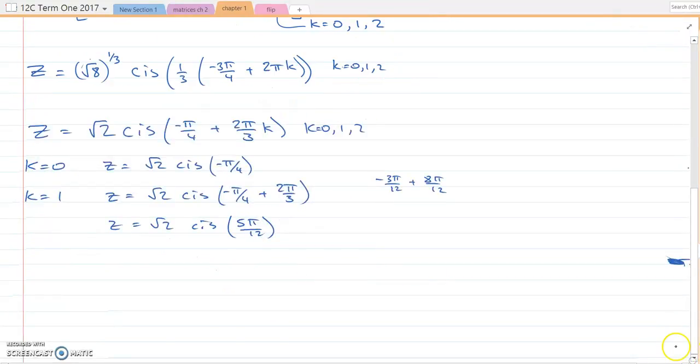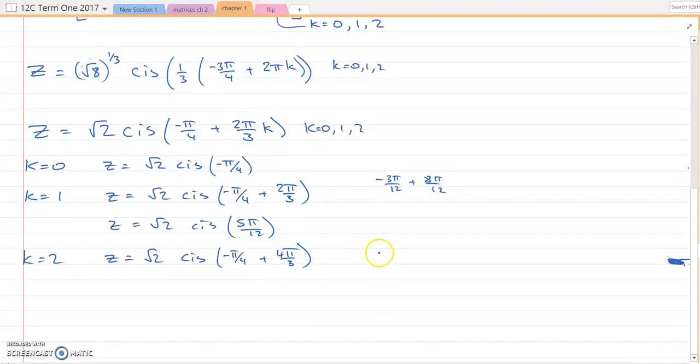And the last one, k equals 2: z equals the square root of 2 cis of minus pi over 4 plus 2 times 2 pi over 3, which is 4 pi over 3.